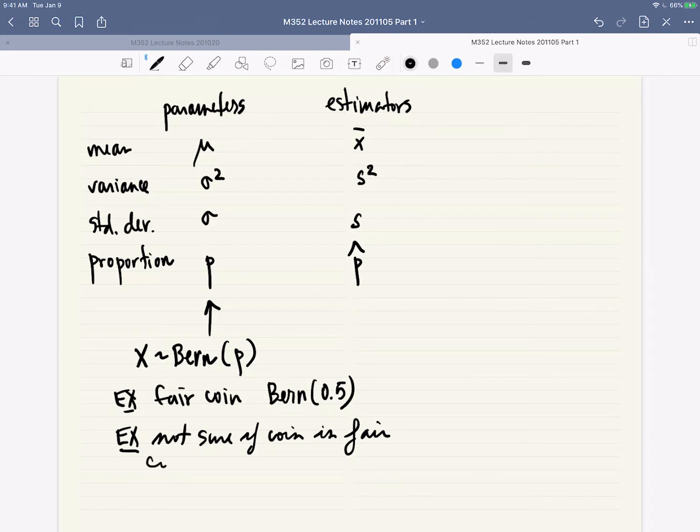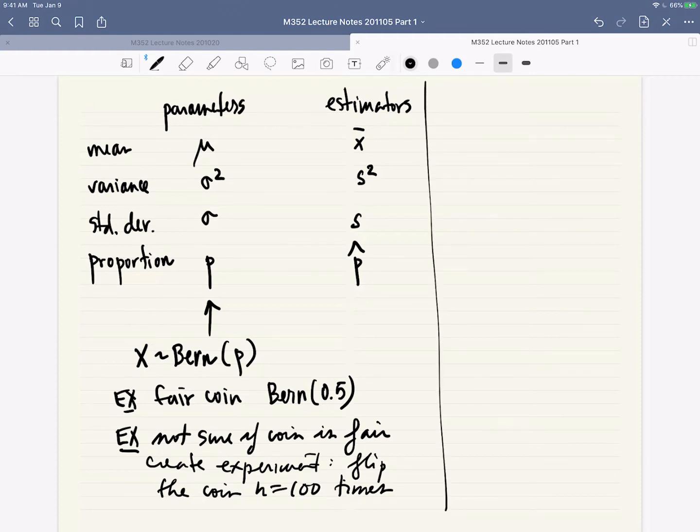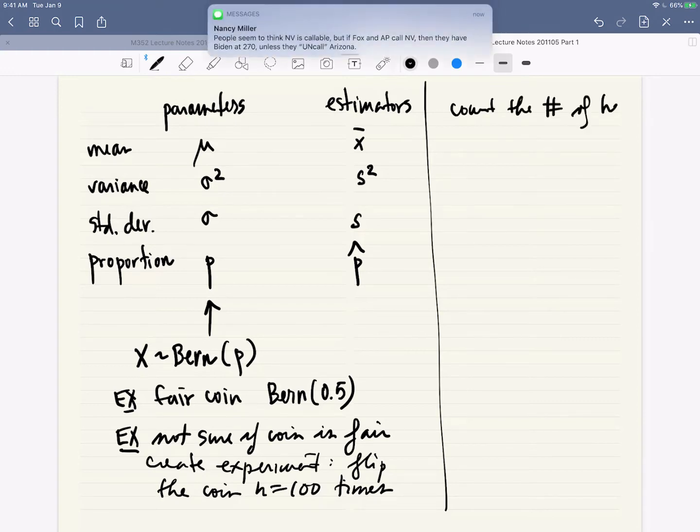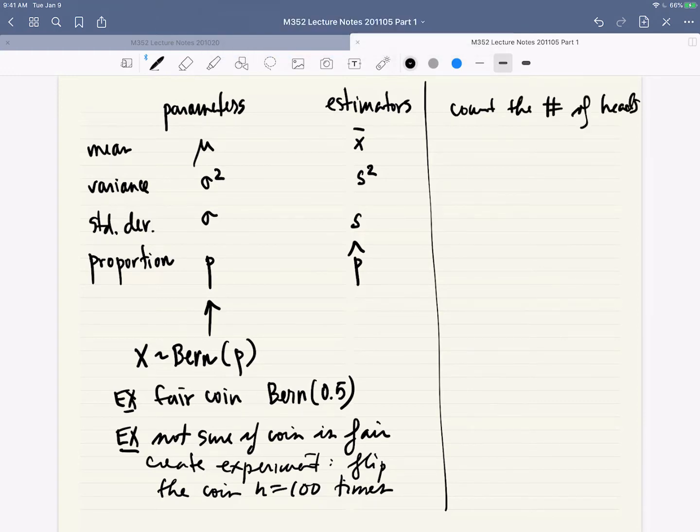I'd create an experiment where I flip the coin n equals 100 times, say. And then count the number of heads. And so you count the number of heads and say you get 51.